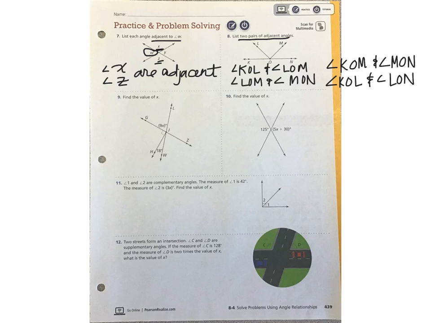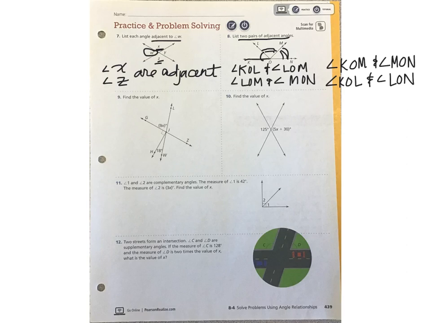So angle KOL, for example, is adjacent to angle LOM. Angle LOM is adjacent to angle MON. Okay, all of those pairs are adjacent. But you also can look at this from a bigger perspective.